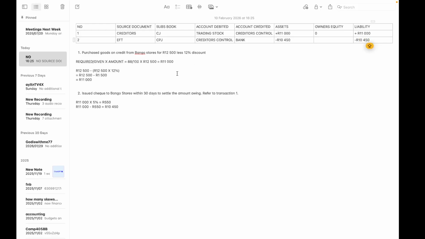Why? Because they tell us that if we pay within 30 days, we are going to be able to account for a 5% discount. All right. So I hope that everyone understands. Now we can move on to the next transaction. I'm going as slowly as possible so that people are not left behind.